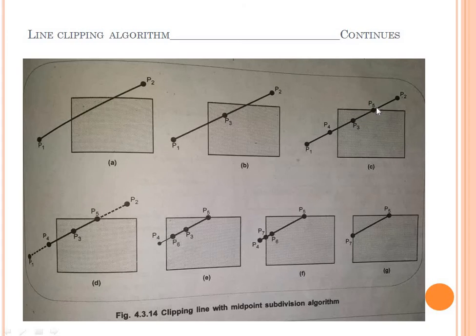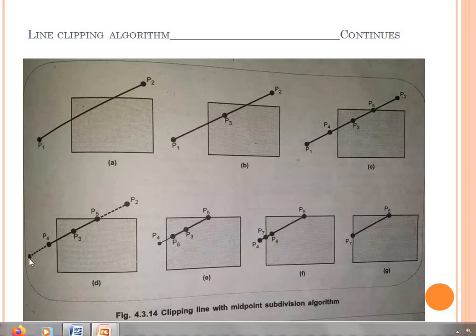Then we observe that line segments P1 P4 and P5 P2 are completely outside of the clipping window, so those lines are rejected, and we only consider these two lines, P4 P3 and P3 P5.